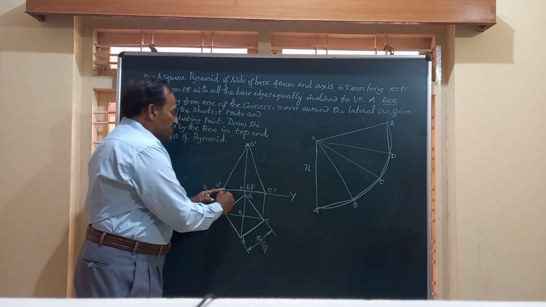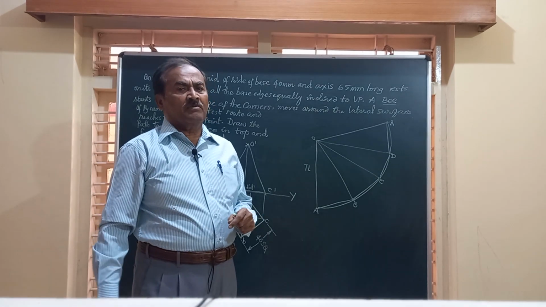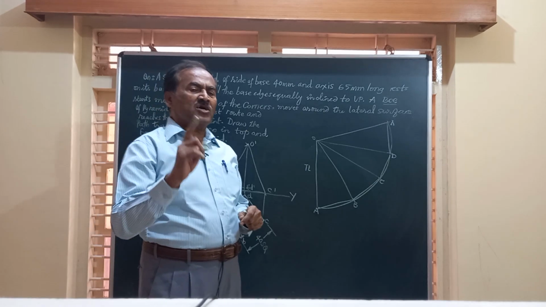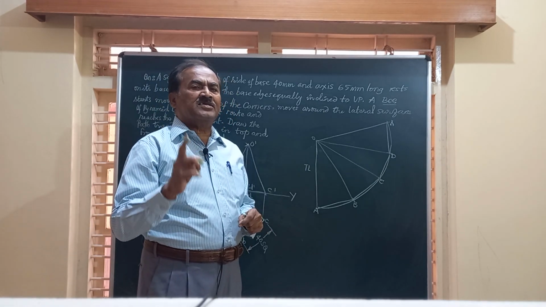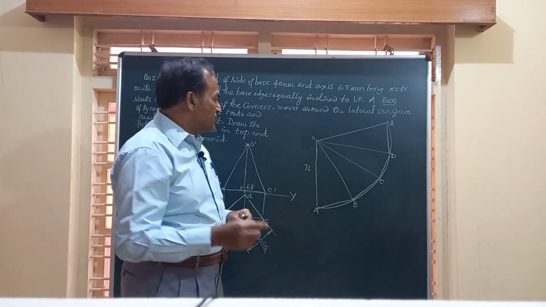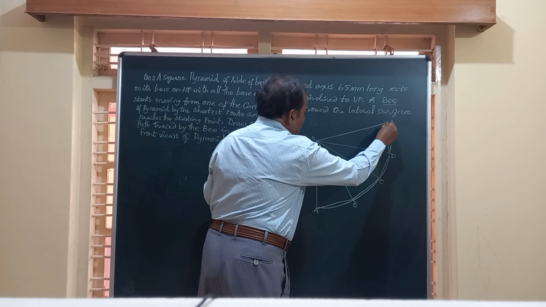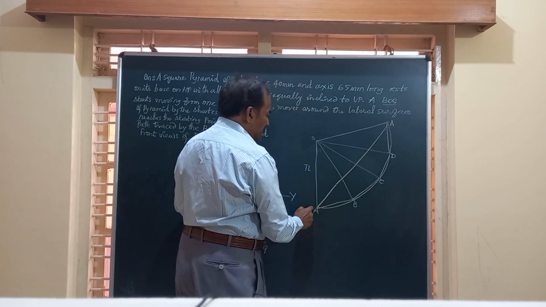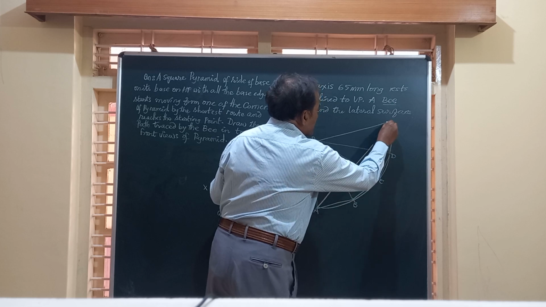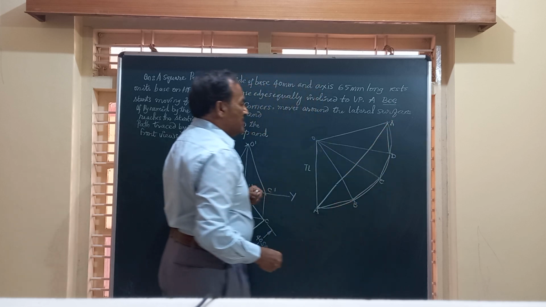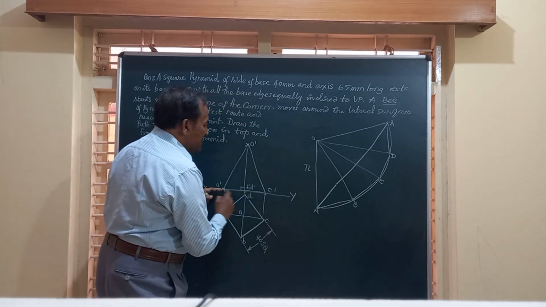So while it is traveling, it is following the shortest path possible. The shortest distance between any 2 points is the straight line connecting those 2 points. So friends, here I am going to join this A with this A. This is the shortest distance between A and A. Now friends, this is the path the bee is following.